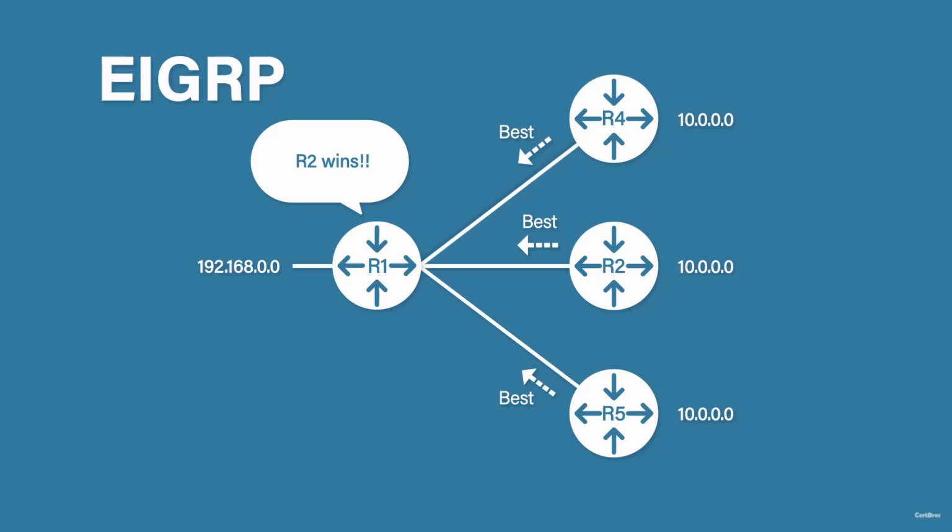When EIGRP is having trouble connecting to one of its neighbors, it will do something called route recomputation. This is where the router will try to find a loop-free route to the last subnet.